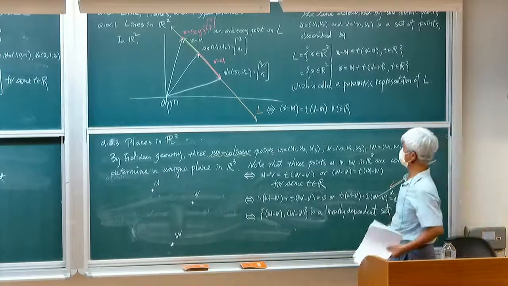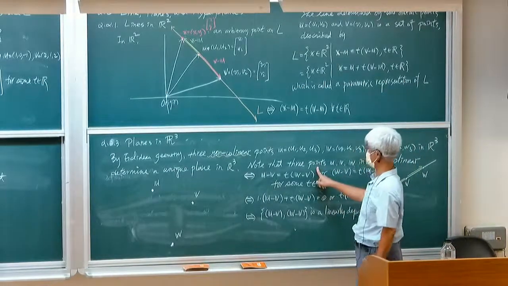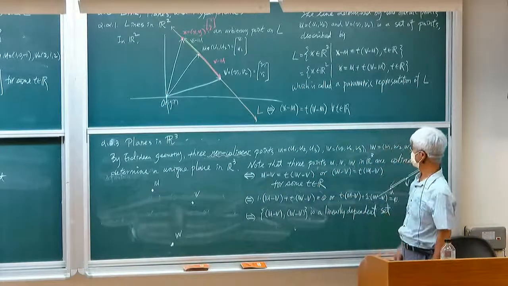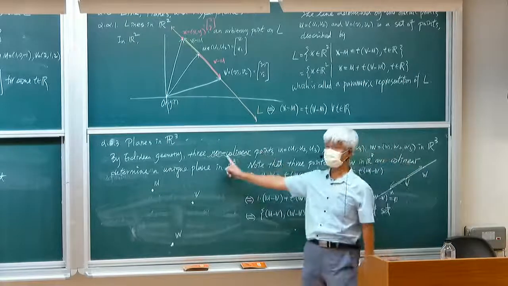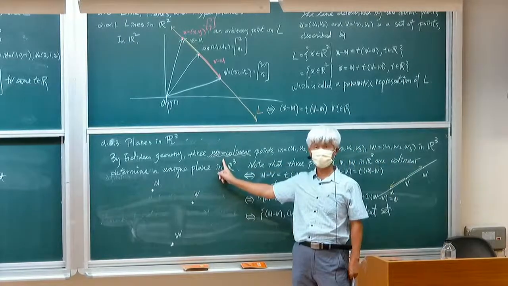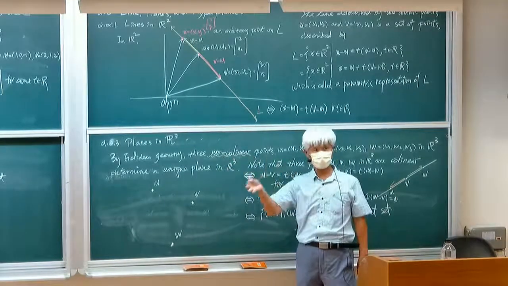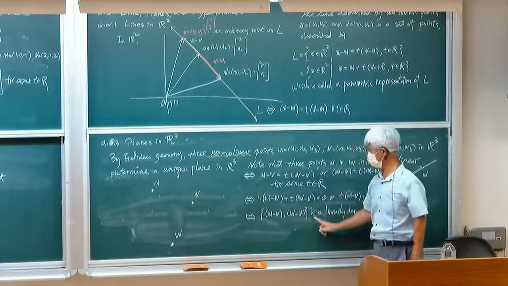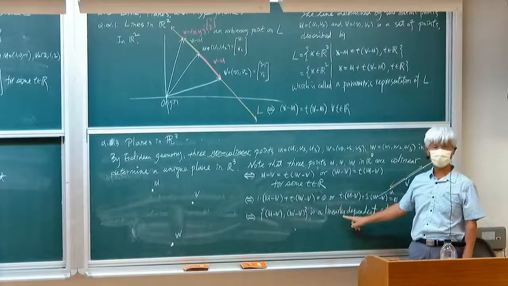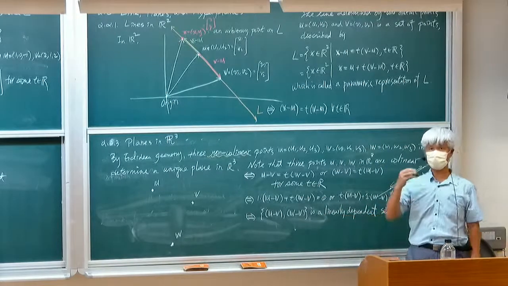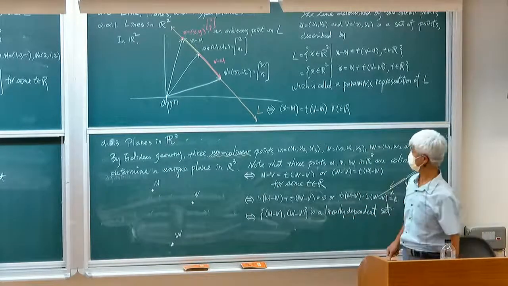Once we know a description in terms of linear algebra for collinearity, then what is non-collinearity? Non-collinearity is the opposite of collinearity, and the opposite of linear dependency is linear independence, right?